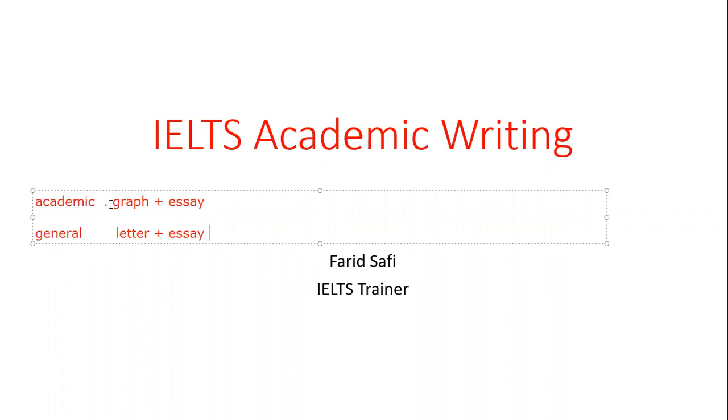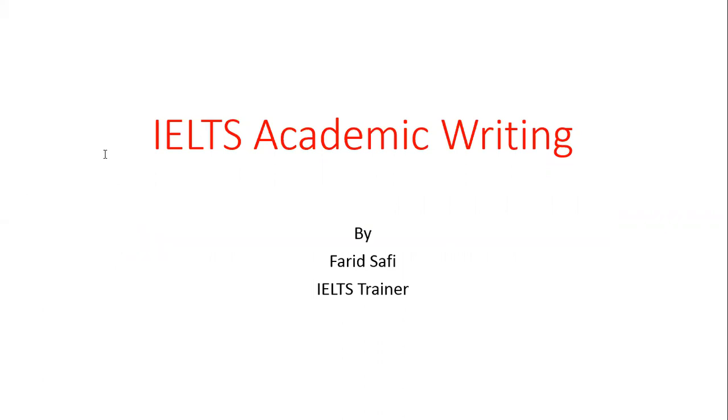So the difference is only in the first part, the graph and the letter. We will explain in more detail later on, but I just want to clarify here. If students are planning for IELTS academic, they will go in the first part for a graph, and if you're aiming for general, you will go for a letter, clear?